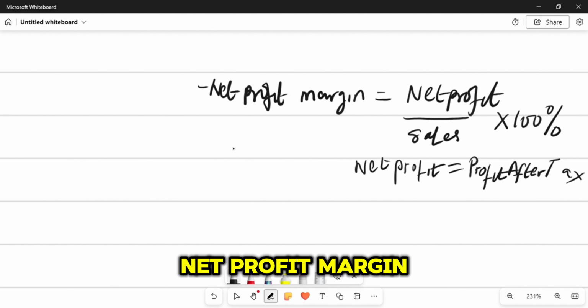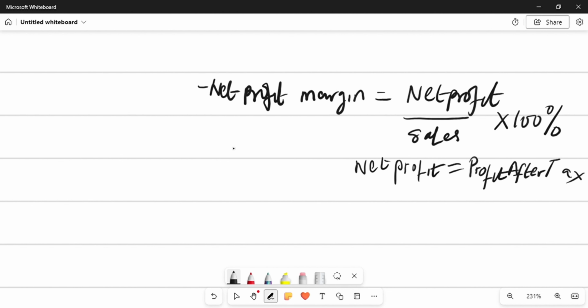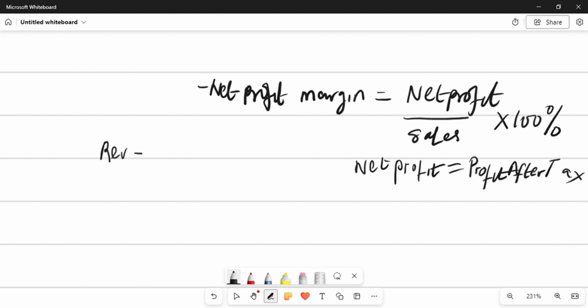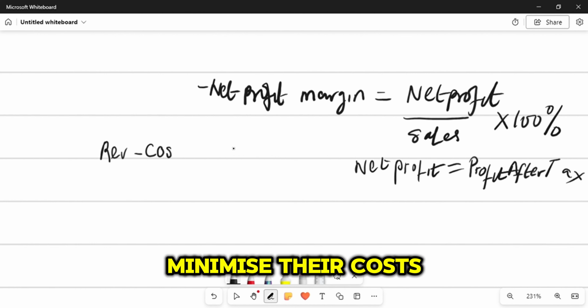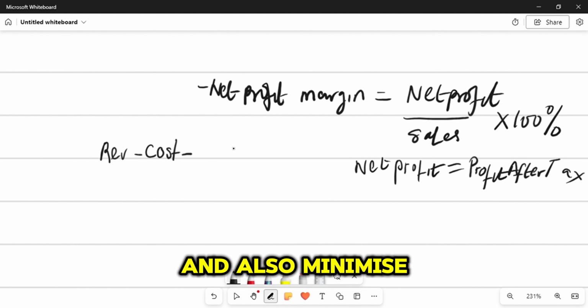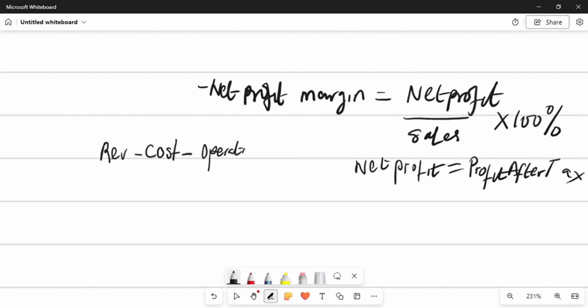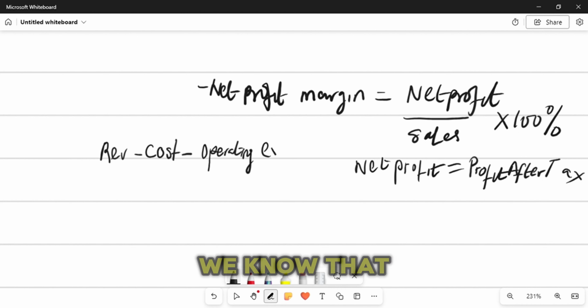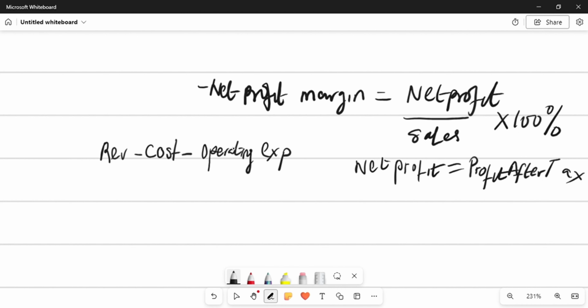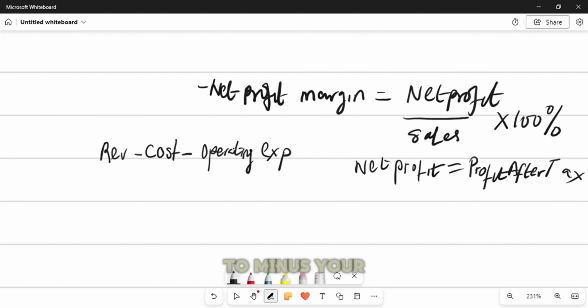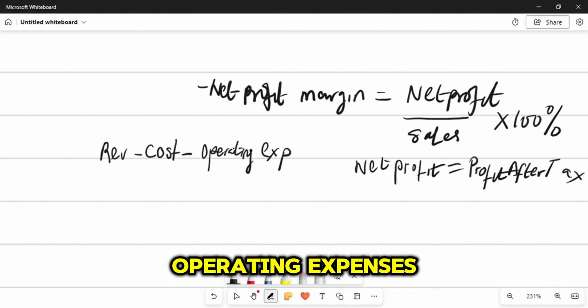So now this net profit margin has to do with the ability of a company to maximize their revenue, minimize their costs, and also minimize their operating expenses. We know that to get net profit, after doing your revenue minus your cost of sales, you also have to minus your operating expenses.